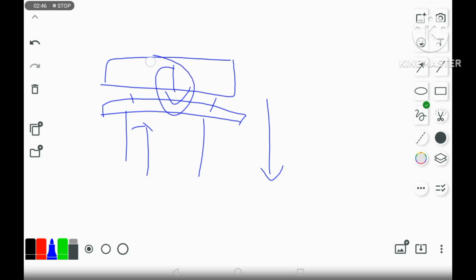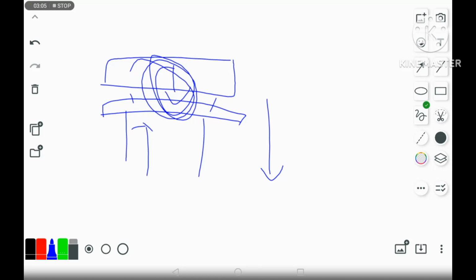That's a normal force. There are many examples in our surroundings, like a mobile phone on a table, or an aquarium on a table.